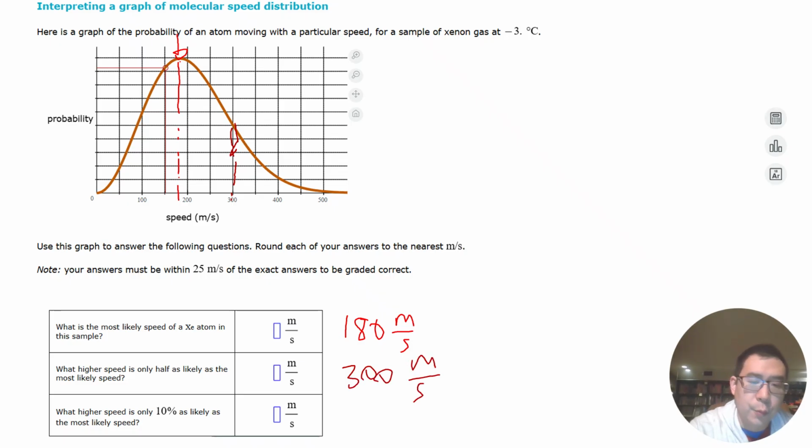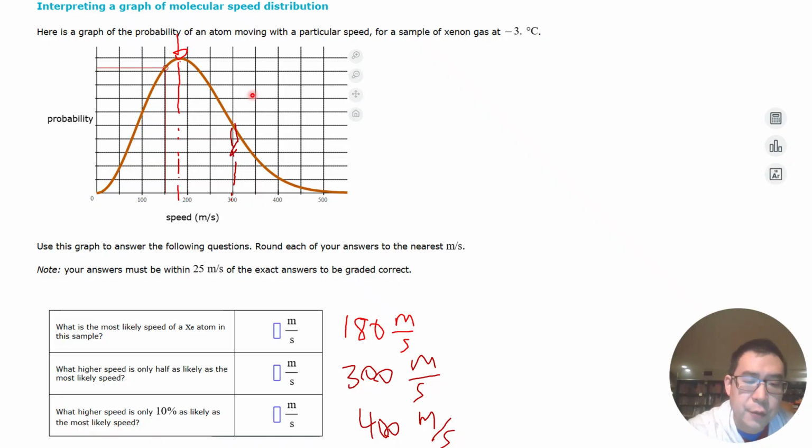And then it says, what higher speed is only 10% as likely as the most likely speed? So the most likely speed, again, is 10 units high. 10% of 10 is 1, so 1 unit, and it's asking for the higher speed, so it goes out here, and that drops down to about 400 meters per second.